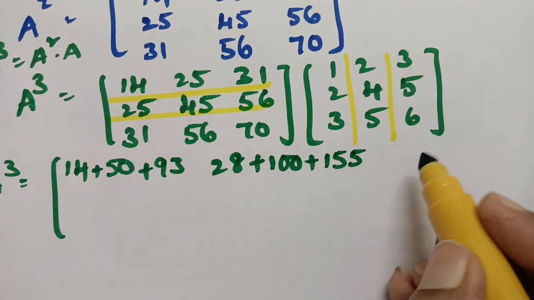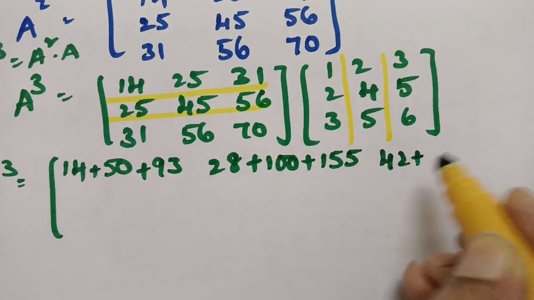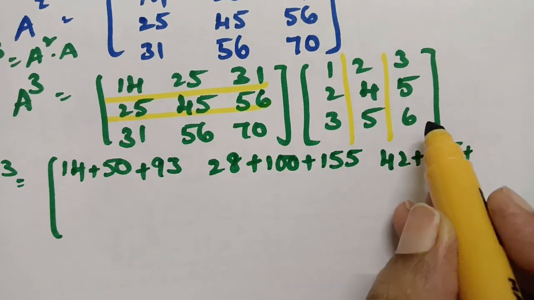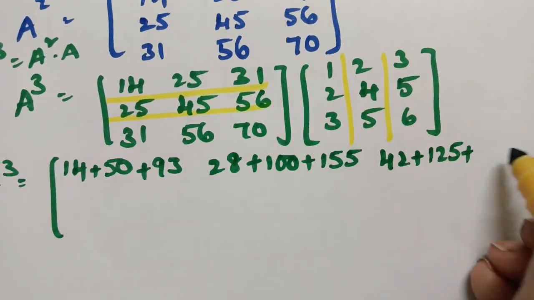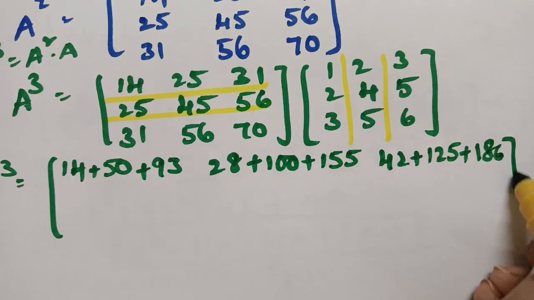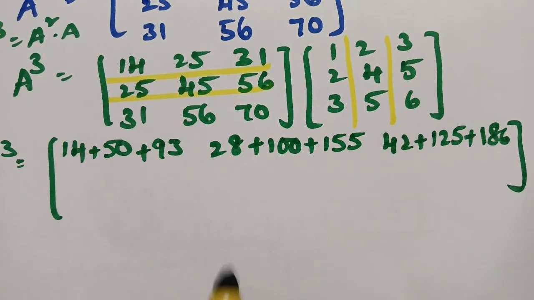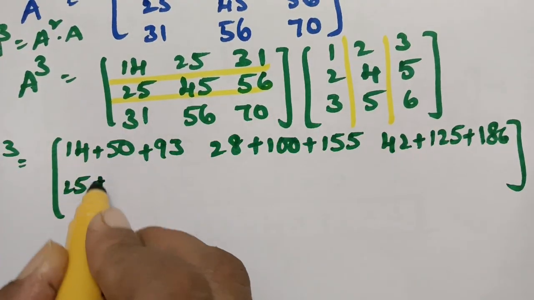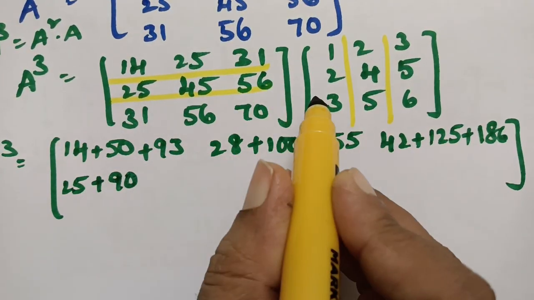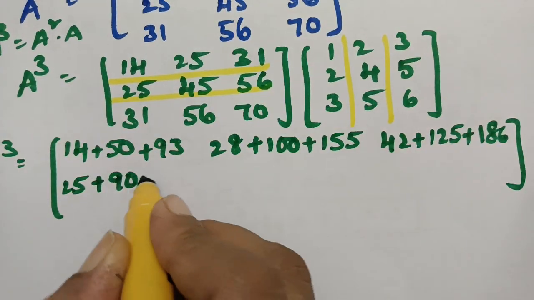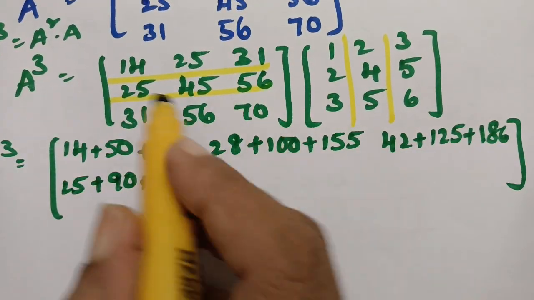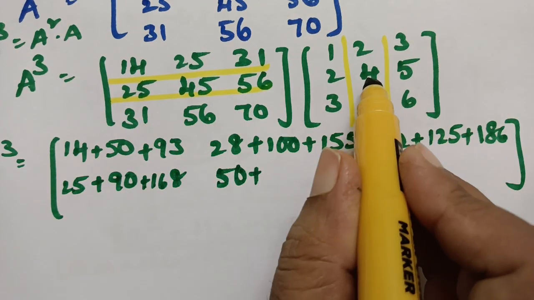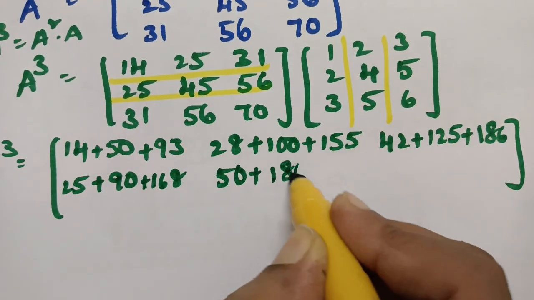14 threes are 42, plus 25 fives are 125, plus 31, 6 ones are 6, 18, 186. So here the 186. 25 ones are 25, and 45 twos are 90, and 56 into 3 is 168. 25 twos are 50, and 45 fours are 90 plus 90, this is 180.